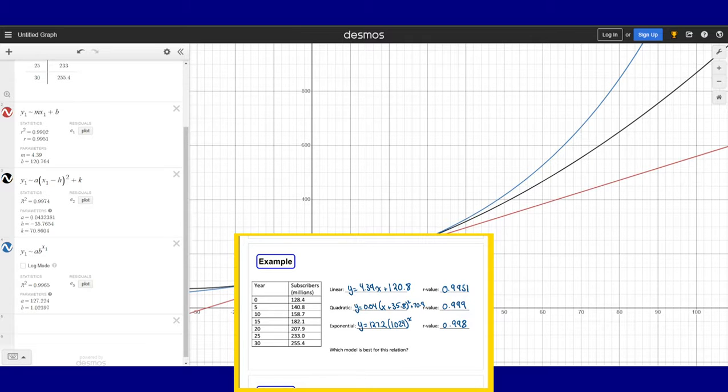So this is saying that after 40, 50, 60 years, the number of subscribers is going to skyrocket. If you know anything about subscription programs, chances are that doesn't happen. Maybe the program ends up dying out, or disappearing, or being replaced with something better. The quadratic model is something similar; it starts to increase more.